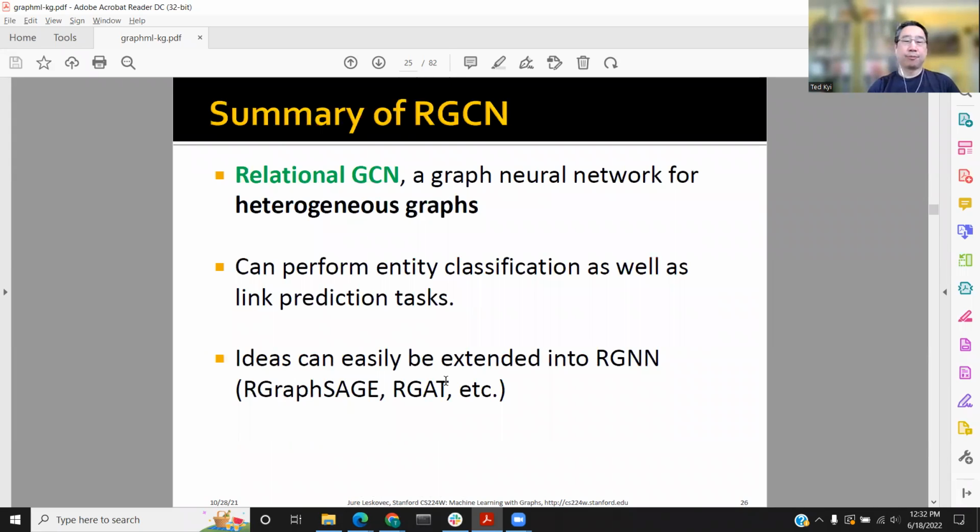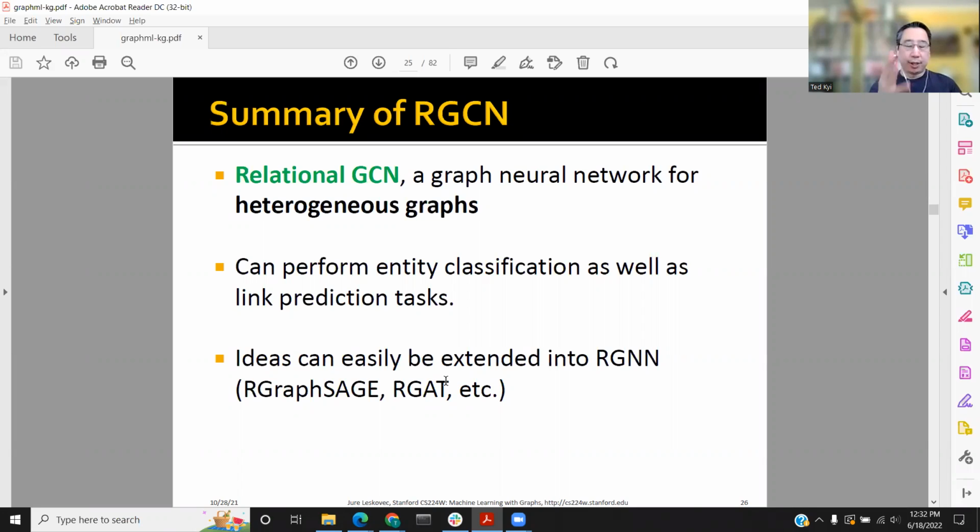So in summary, we can extend GCN to this relational GCN examples for node entity classification and link prediction. And this same type of extension you can also do for any other of the GNNs. GraphSage is pretty generic in terms of it allows for a wide variety of message formation options and a wide variety of aggregation options.